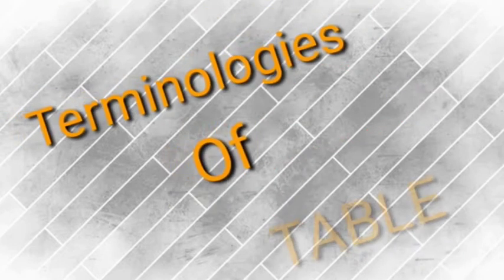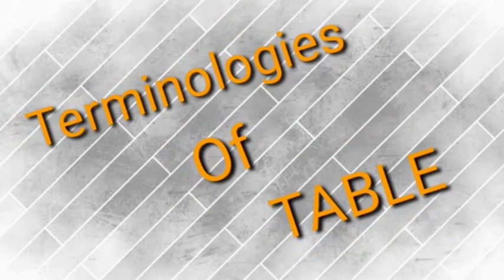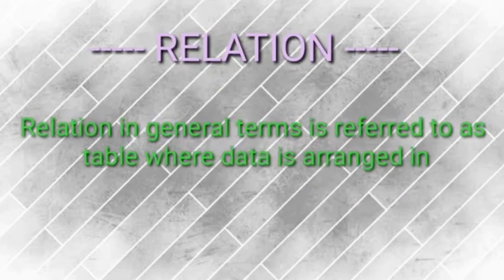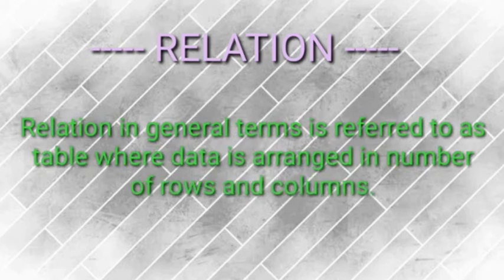Now let us look into some of the basic terminologies of table and their properties. First relational model terminology is relation. Relation in general term is called a table in MySQL, which is arranged in the form of rows and columns. It has different properties.